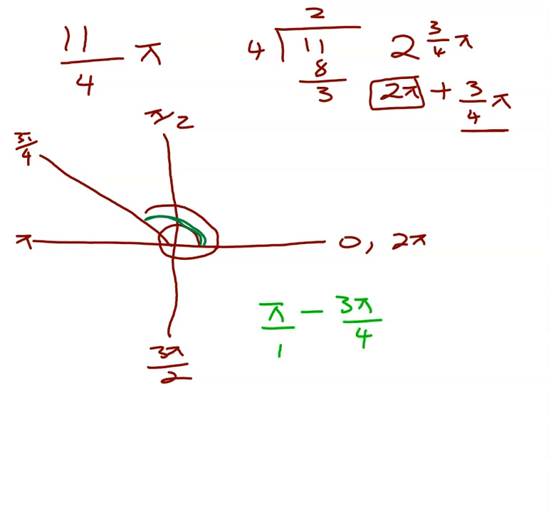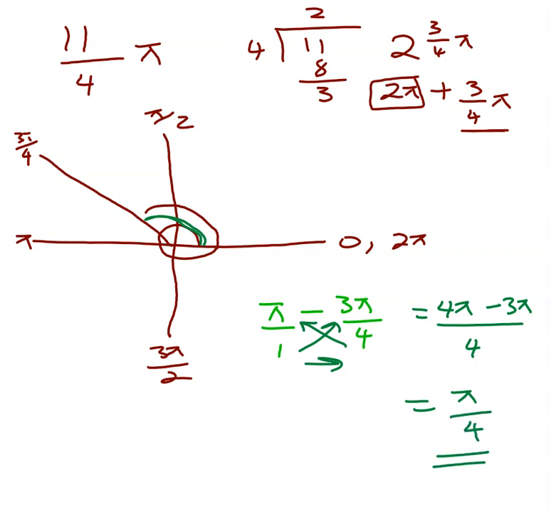Let's do a cross product here. So 4 multiplied by pi is 4 pi, minus 1 multiplied by 3 pi is 3 pi, divided by 1 multiplied by 4, which is 4. So this is going to be 4 pi minus 3 pi, which is pi over 4.